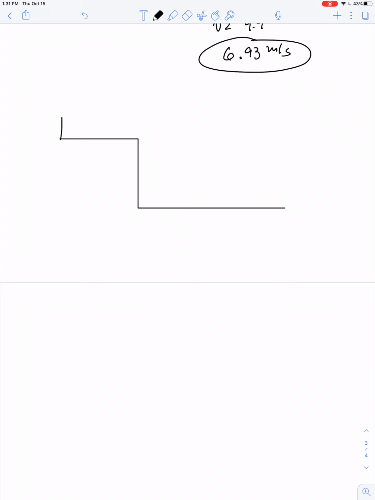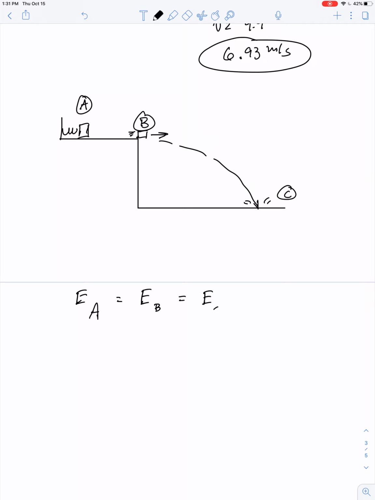So we have the block compressed against the spring. That's point A in the problem. Then we have the block as it just starts to fly off the edge of the desk. That's point B. And then it strikes the ground. And that's our point C. So the energy at A should equal the energy at point B, should equal the energy at point C. We can actually cut out the middleman here.